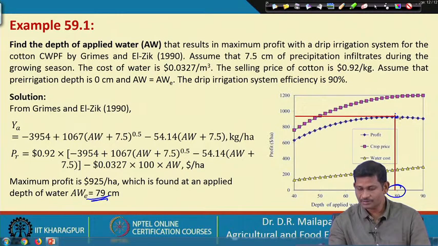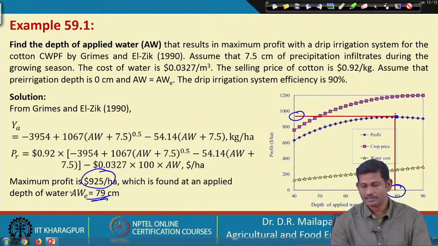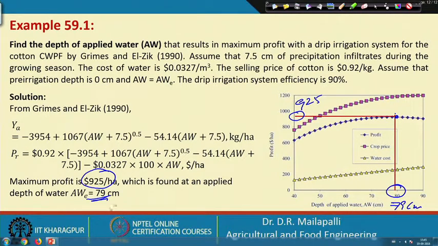That will be equal to $925 per hectare. So, this is $925 and this is 79 centimeter. Using this graph you can estimate the maximum profit for which the applied water will be calculated.